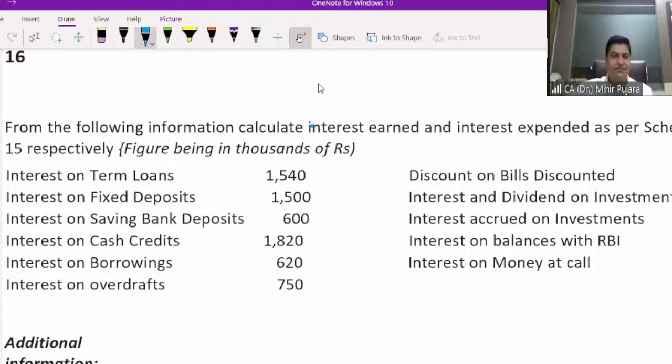From the following information, calculate the interest earned and interest expenses as per schedule.